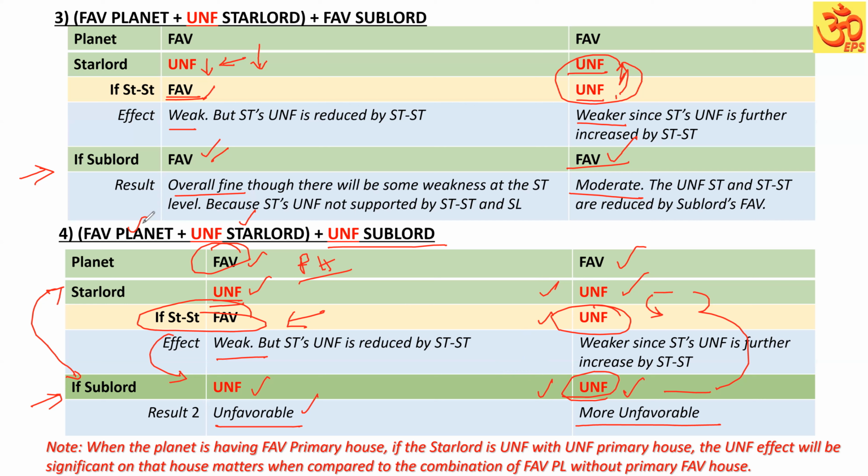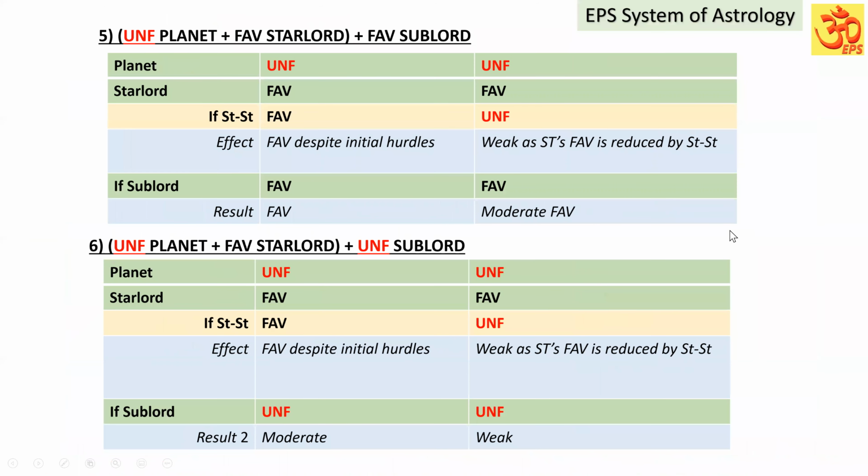So so far in these 2 slides, we discussed the planet being favorable. In the next slides, we are going to discuss if the planet is unfavorable and the other combinations. You can see the 5th combination: the planet is unfavorable, the star lord is favorable and the sublord also favorable.